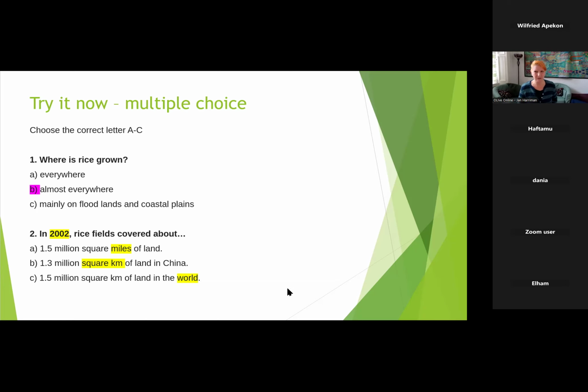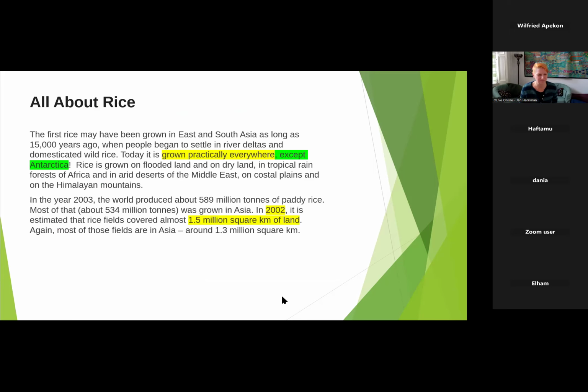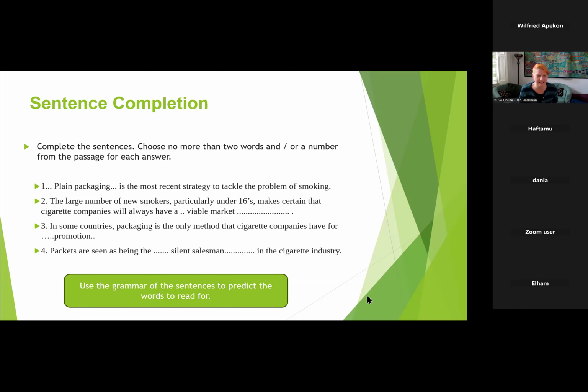So this is the skill we're going to be working on. This is your challenge. Let's look at another set of questions. These are sentence completion questions. This is where the instructions become very important.